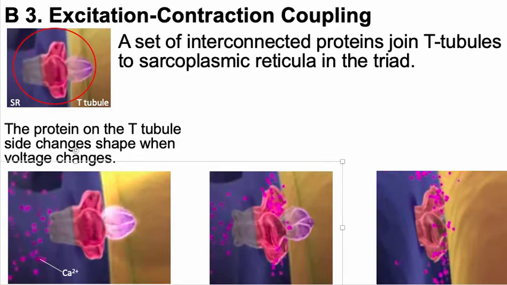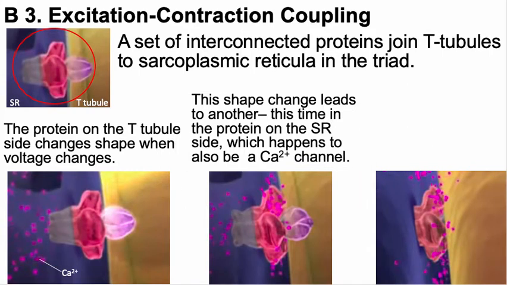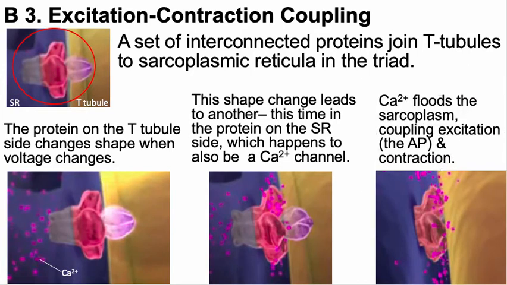That change in shape allows for the opening of calcium channels, which are another part. So the calcium here, which is the hot pink color, is inside the sarcoplasmic reticulum, and you can see here it's flooding out. So you end up with calcium flooding the sarcoplasm.